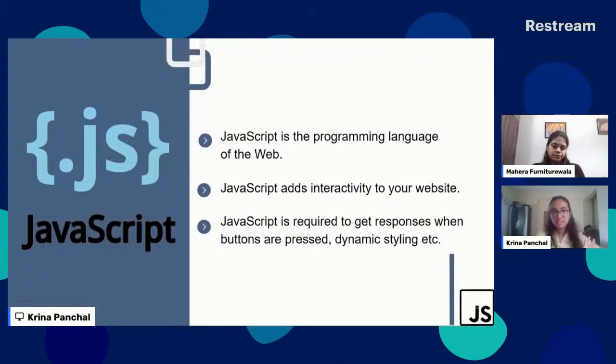HTML is basically the structure of the website. CSS is used for styling of the website, and JavaScript adds interactivity to the website. For example, if you have created a button using HTML, then using CSS, you style it. You give some color to the button, you give some radius to the button, and then JavaScript is used to get responses using that button.